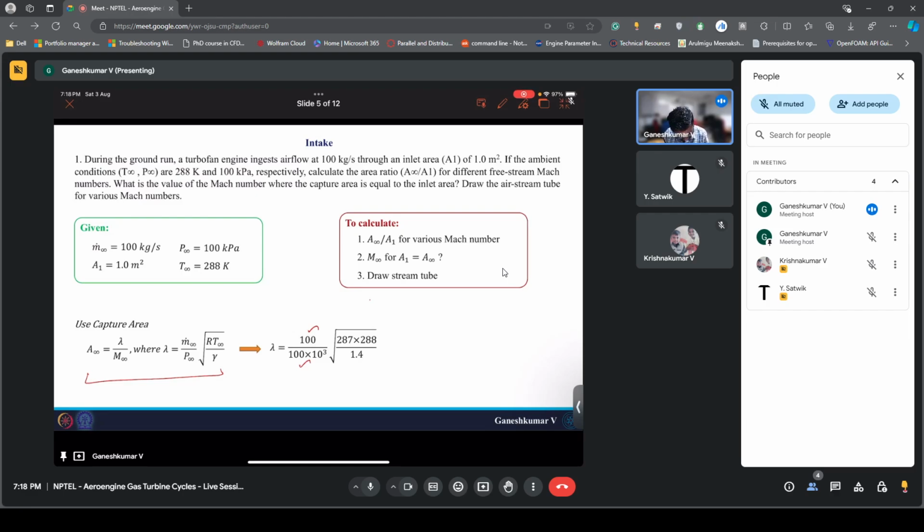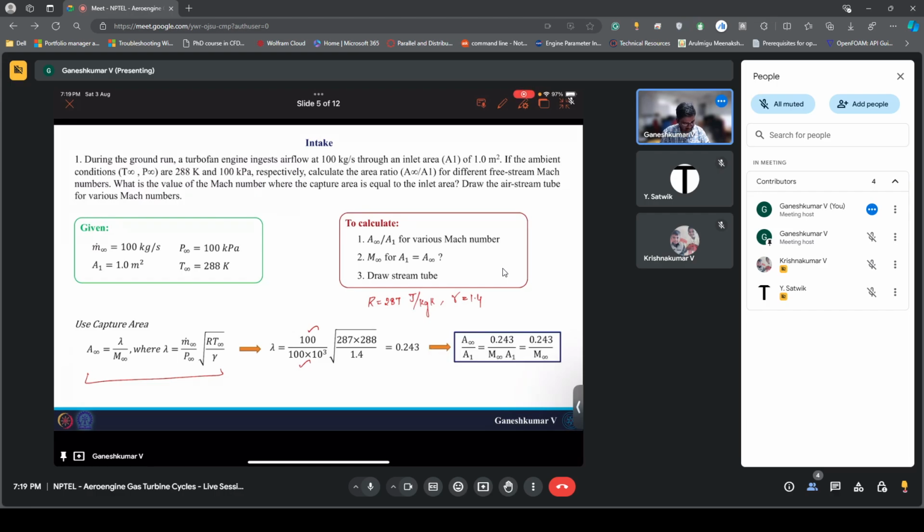These are the things I'm assuming: R is 287 joules per kg Kelvin, and gamma is 1.4. Okay, and if you do this, lambda will come out to be around 0.243. This is a simple calculation, you can do it by yourself.